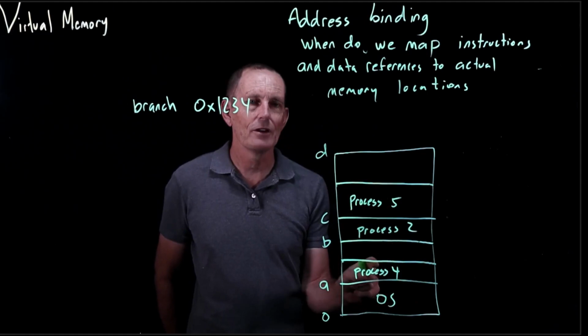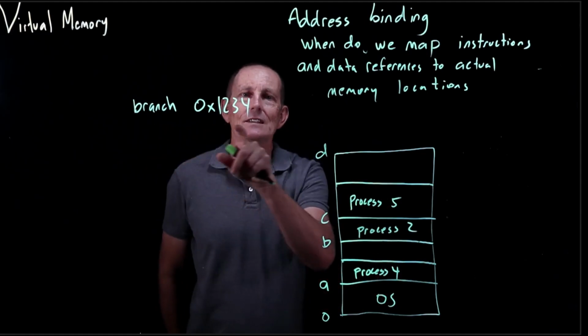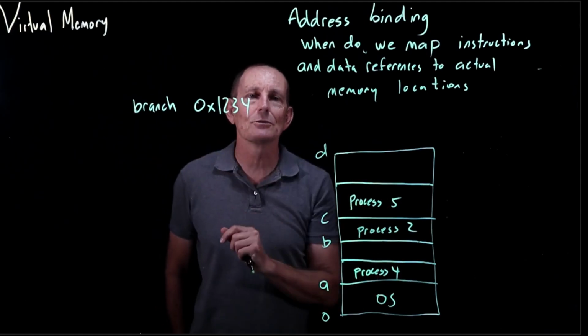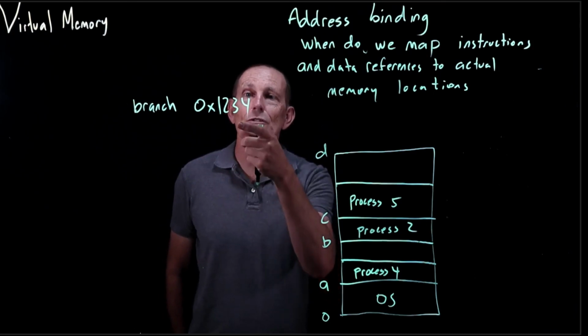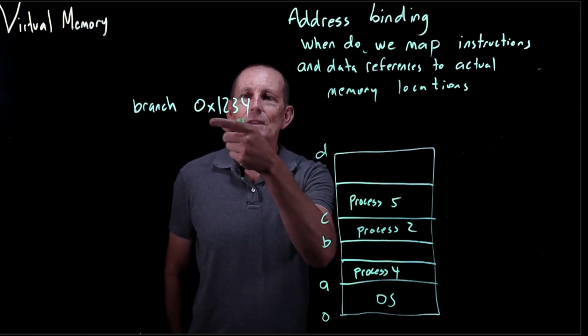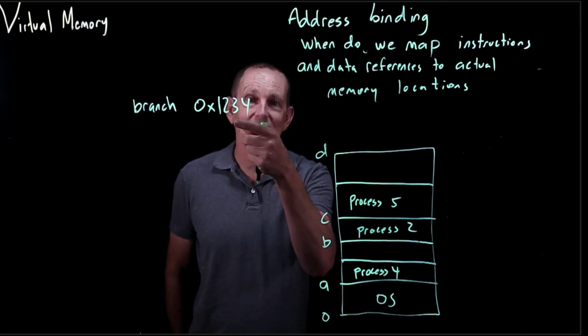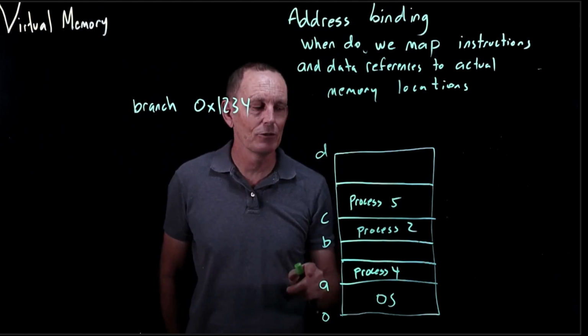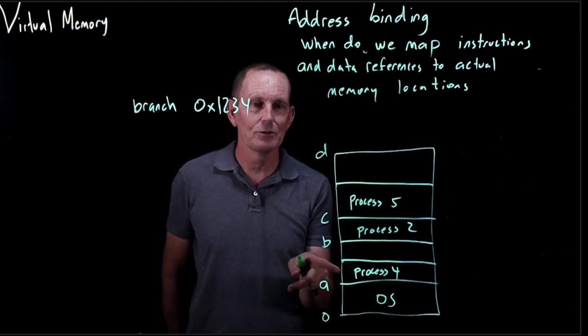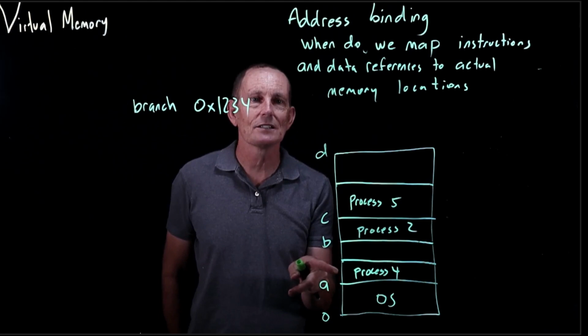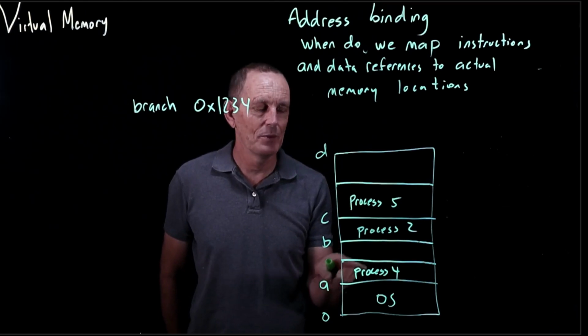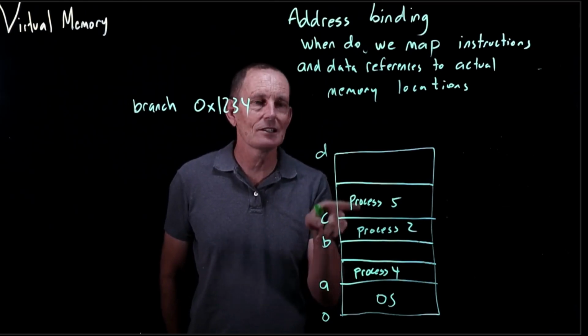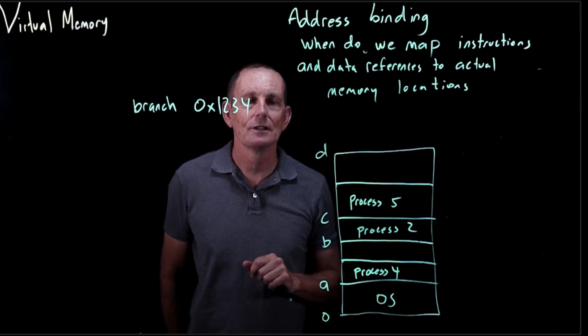Or think of it rather as we have a process, it has this code in it, branch 0x1234, so it assumes that there's some particular code here at location 1234, and if location 1234 is in here, then if the process gets loaded into this partition, it's fine. But if it gets loaded anywhere else, that's a problem.